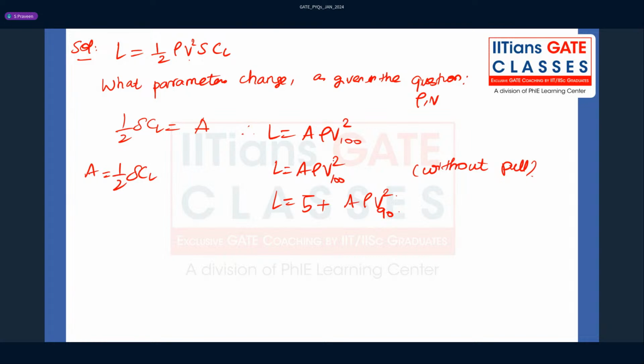Next, in the other case, the lift is with some upward force x plus again your A, which remains constant, and the density is at 3000 meter altitude and the velocity is 120. The unknown asked for is this x. So we need to determine this x.